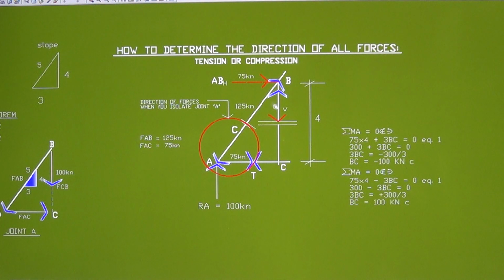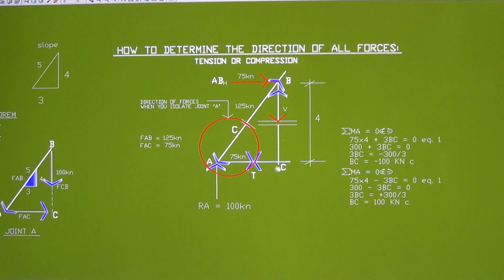Okay, now that's tension, and all the way we rotate this. So therefore summation of moment at A is equal to 0, with clockwise positive and counterclockwise negative. 75 is going clockwise, the lever arm is 4, so 75 times 4, and also BC we assume as tension, also going clockwise, so it's positive.